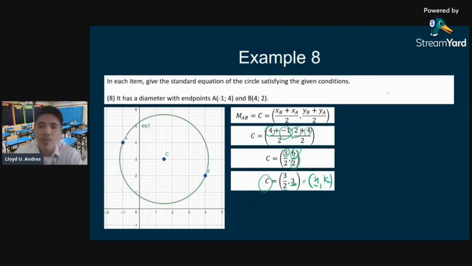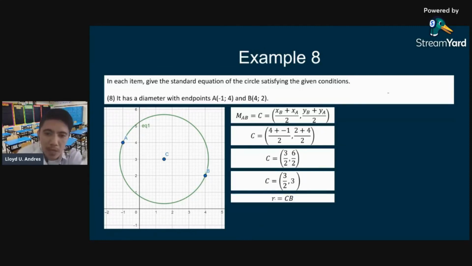So the next problem is the length of our radius. To determine the length of our radius, we simply solve the distance from the center to any point. It can be point B or point A. But since these points are not vertically or horizontally aligned, we cannot use the simple counting of number of units, but instead we need to use the distance formula.